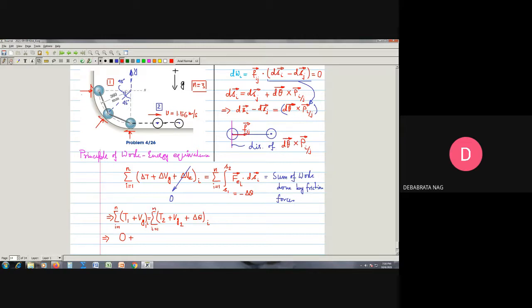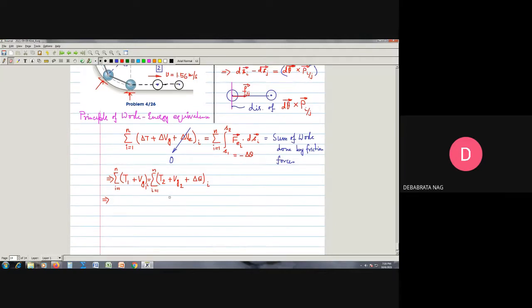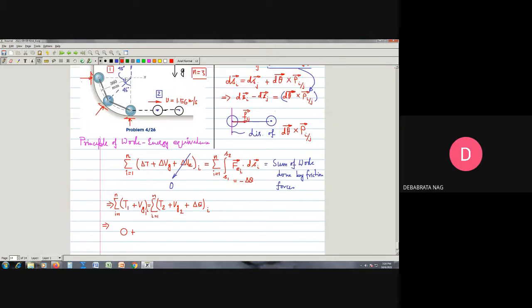So in this case, if we go on writing this for the 3 masses that we are having, we can say that individually all the kinetic energy at the initial condition is 0. Now we need to calculate the sum total of the gravitational potential energy in the initial condition.